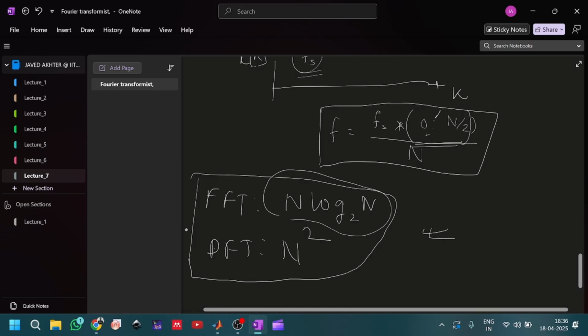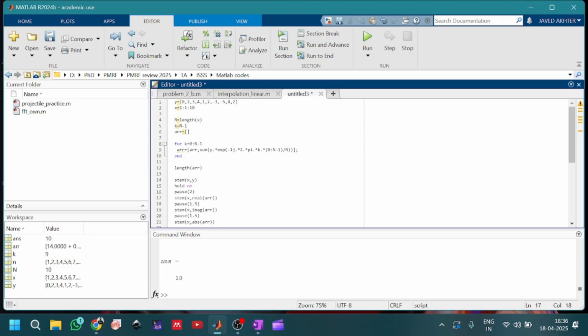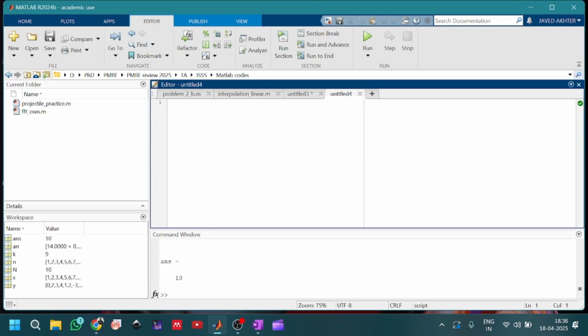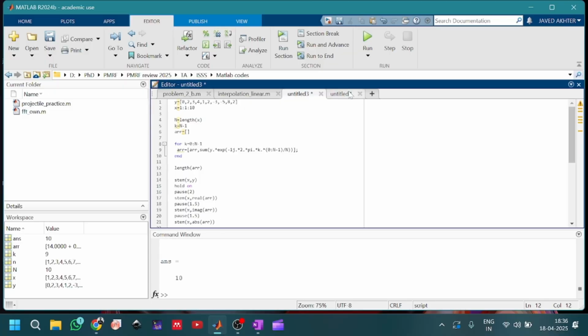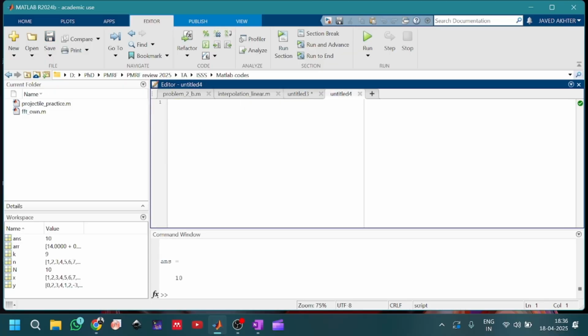So how can we write the fast Fourier transform code in MATLAB? Let me show you that. Let me write the manual code first, and then I will show the inbuilt function in MATLAB.